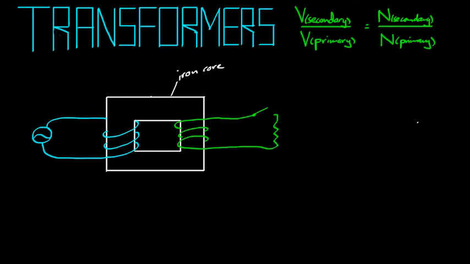And what the transformer enables us to do is to have power generated by that circuit there transferred into this circuit here. And it's not as though the current is running through the iron core. Instead, since this is a coil here, and we learned in our lesson on magnetic induction, that if you change the voltage through this coil here, the magnetic field caused by the current will also be changing.